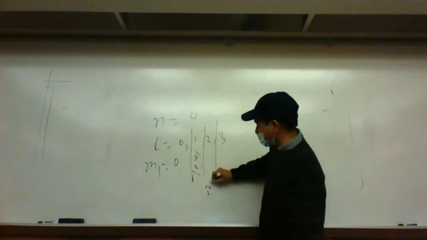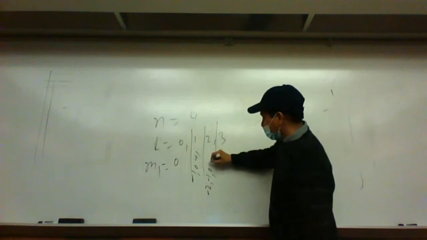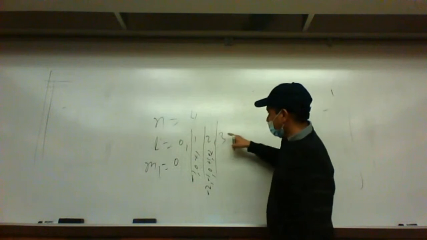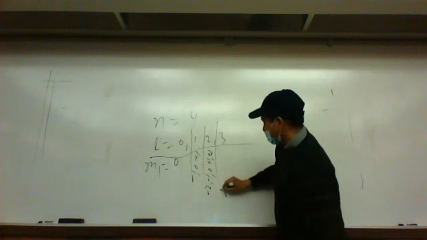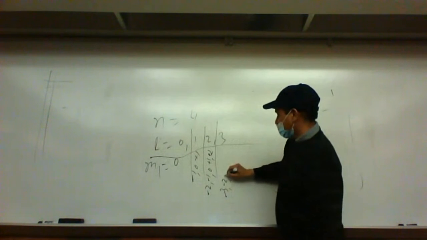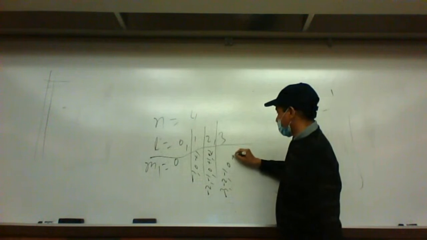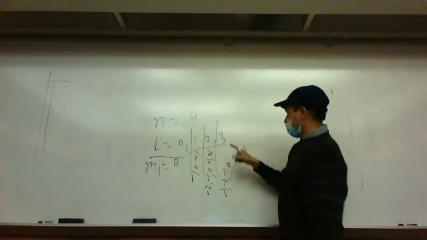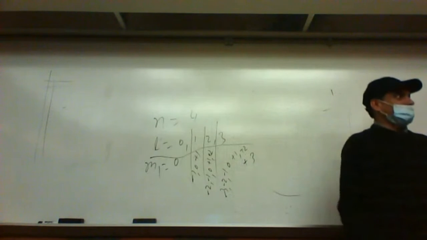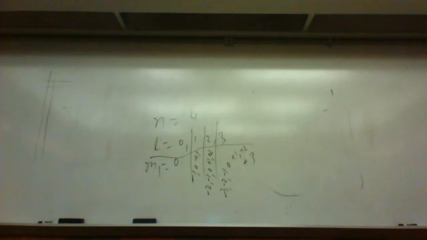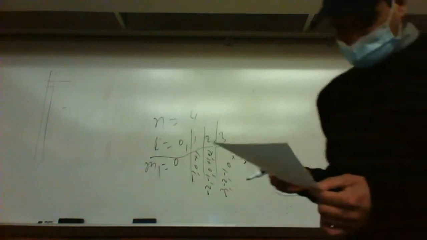For l equals 2, I have -2, -1, 0, +1, +2. And for l equals 3, the ml values are -3, -2, -1, 0, +1, +2, and +3, from -3 to +3. So learn to write like that. That's important.